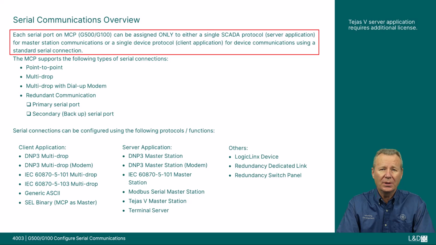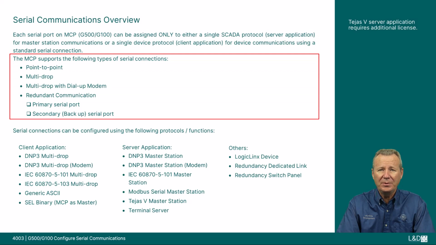Each serial port on the MCP G500-G100 can be assigned to either a single SCADA protocol server application for master station communications or a single device protocol client application for device communications using a standard serial connection. The MCP supports the following types of serial connections: point-to-point serial communication, connections between two devices or nodes; multi-drop.